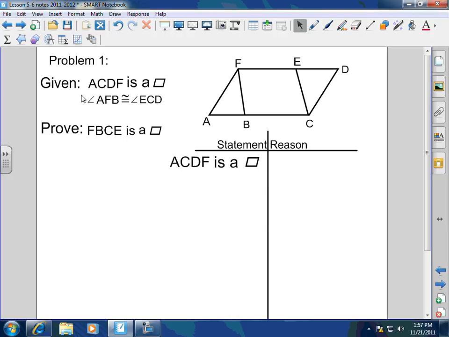They want you to prove that quadrilateral FBCE is a parallelogram. So the first thing, of course, as always, is our given: ACDF is a parallelogram, because it's given.